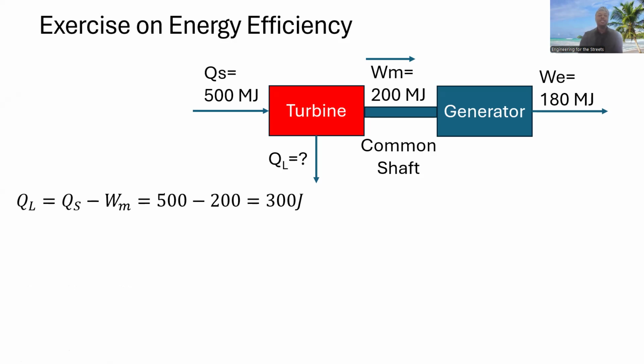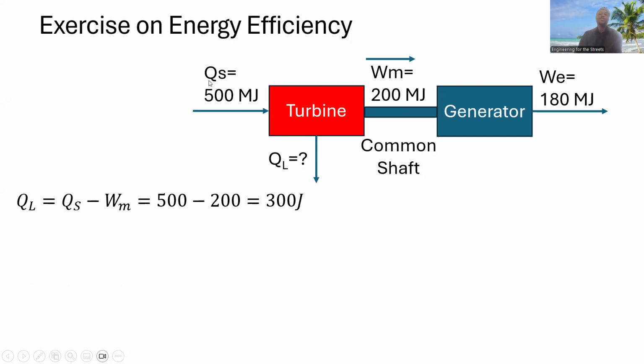So, by the first law of thermodynamics, there's energy conservation in the heat engine. The total energy going in equals the total energy going out. In that case, QS equals WM, which is the mechanical work, plus QL, which is the energy dissipated on the low pressure side of the steam turbine.